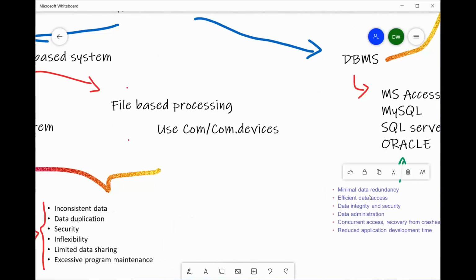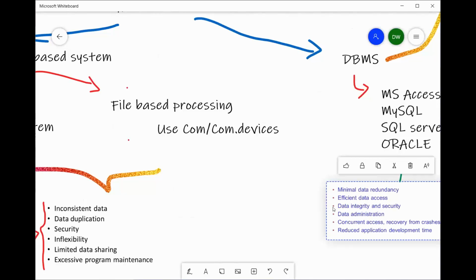So these are the advantages. All the disadvantages we talked about in file-based systems become advantages in database management systems.